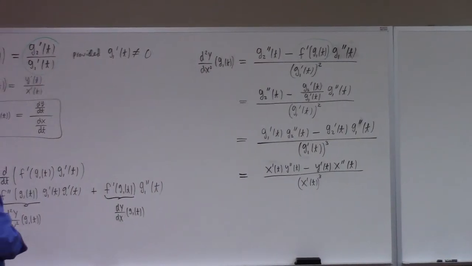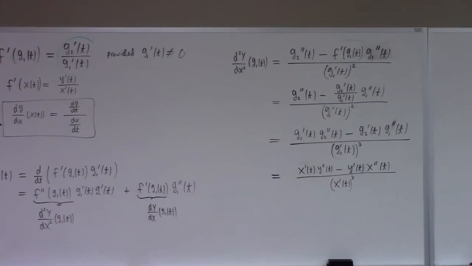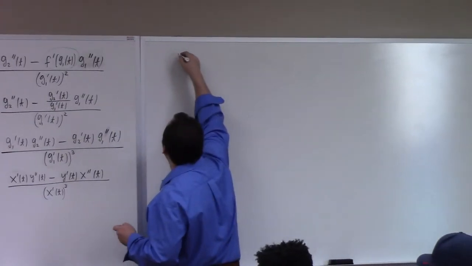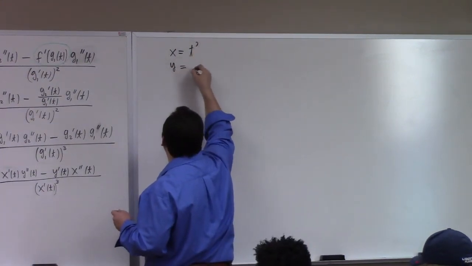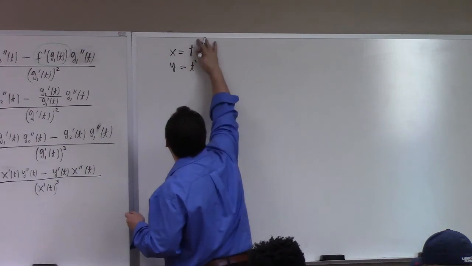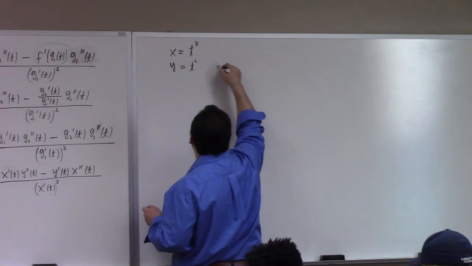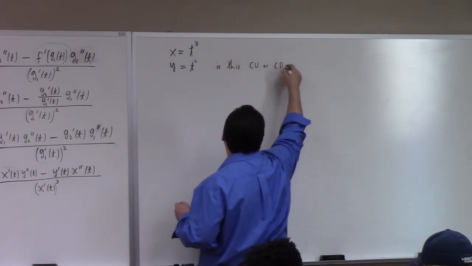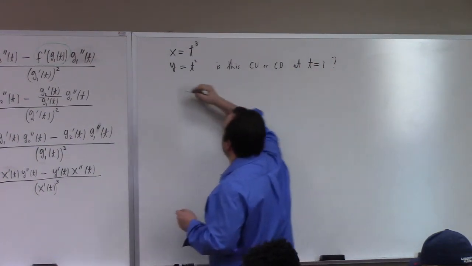Sorry. It's fine. So we can use this to study, for example, concavity of a function that's parameterized. Like here, an application. If we have x equals t cubed, and y equals t squared, we can ask the question, is this concave up or concave down at t equals 1?